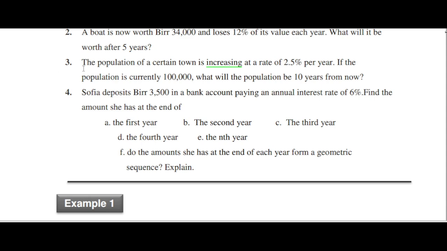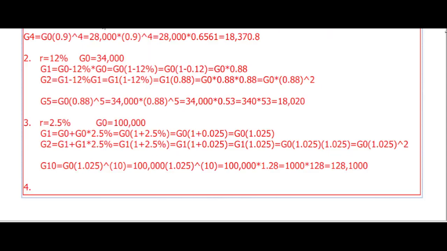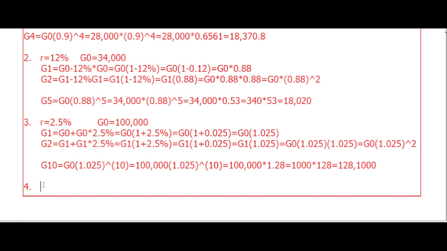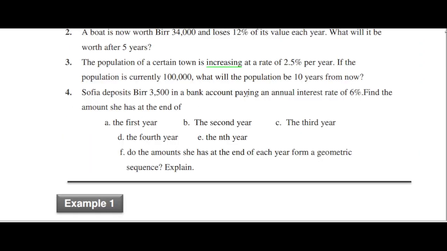So here is the given information. Question number 4, G naught is equal to 3500 and rate R is also given, 6%.